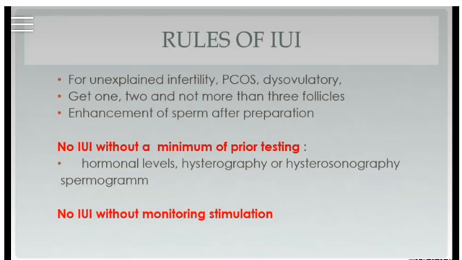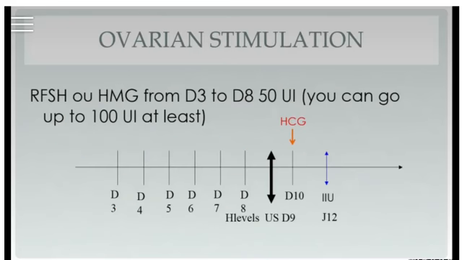The normal protocol, I think, is the protocol with RFSH or HMG. It's as you like. You begin at day 3 to day 8 with 50 units, and you can go up to 100 units if you want.